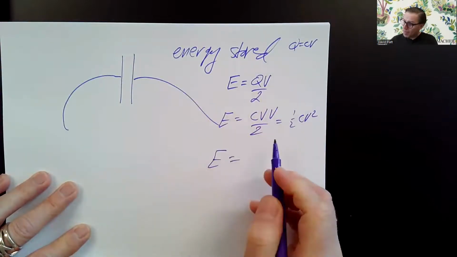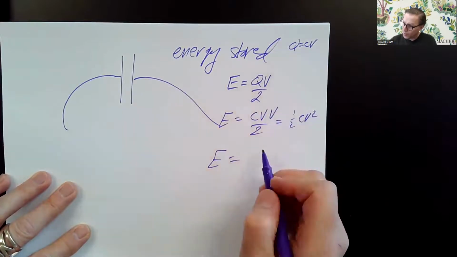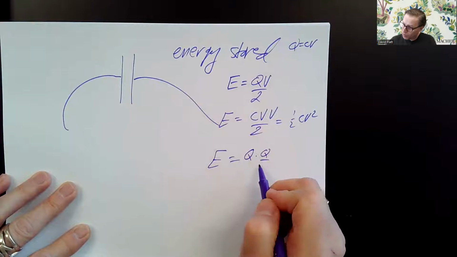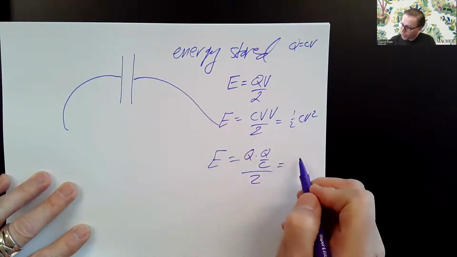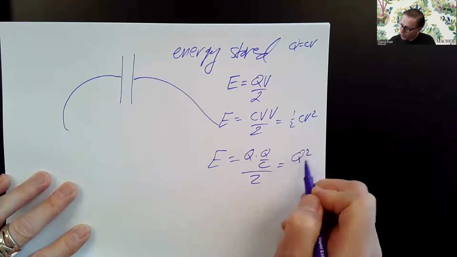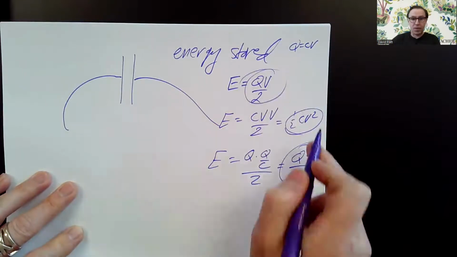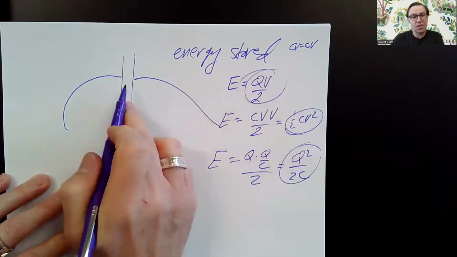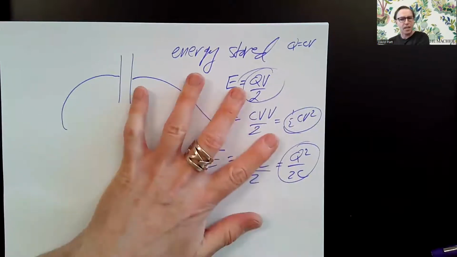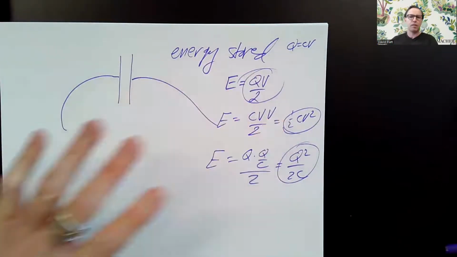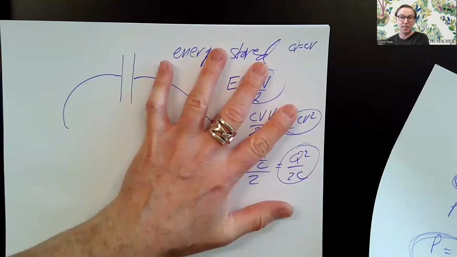Or instead of replacing Q, I could replace V. V is Q over C. Q times Q over C over 2, which is Q squared over 2C. So any of those three formulas would tell you the energy stored in a capacitor. And that's not what we're studying today. But this lesson feels familiar because it reminds me of this lesson.